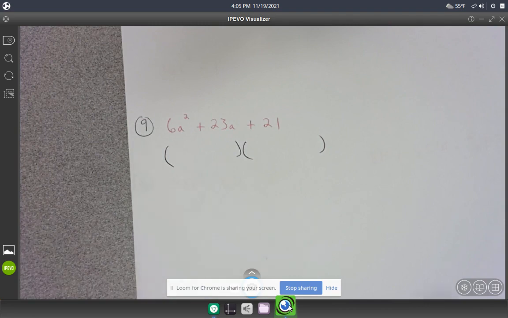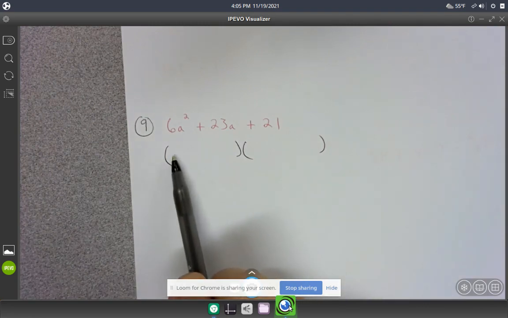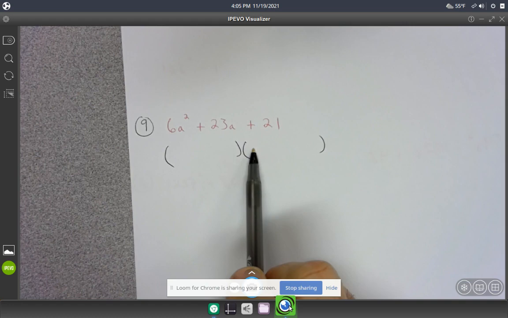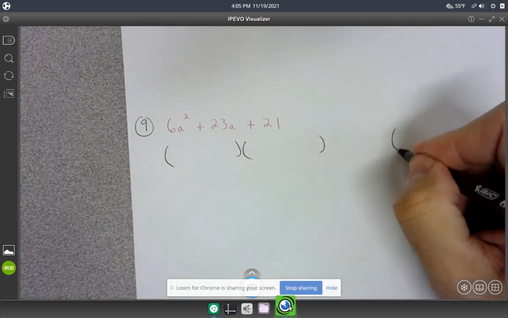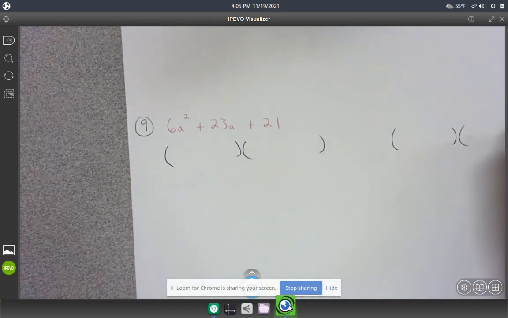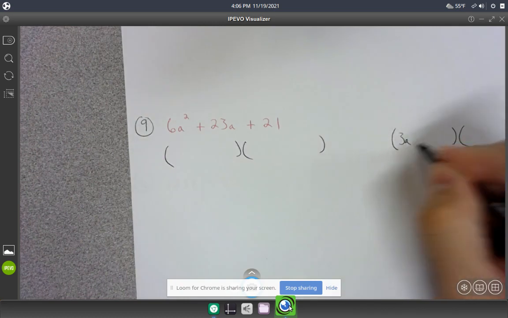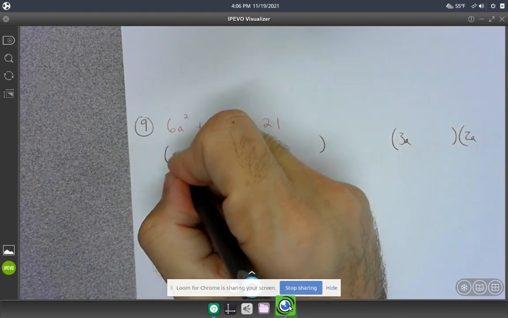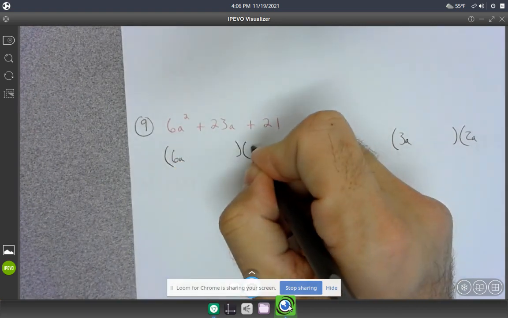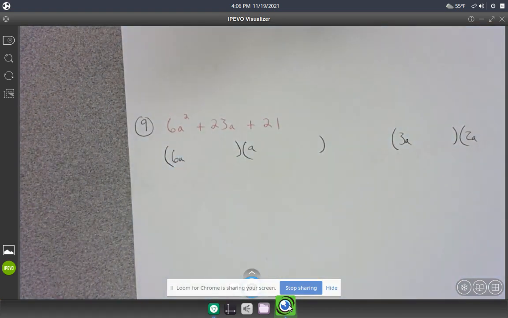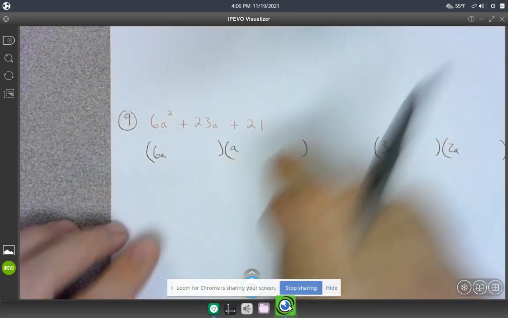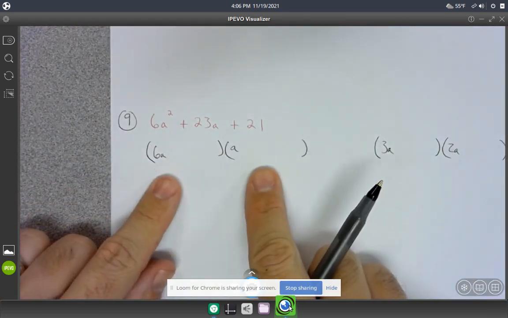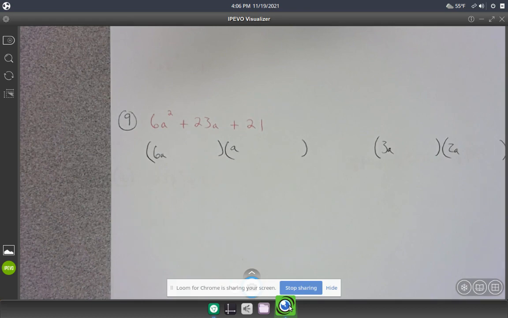Okay, so it could be a 6a and a 1a, or it could be a 3a and a 2a. See, this will give you 6a squared, and so will this. Just for the sake of argument here, I'm going to go ahead and try this method, and I'm going to try it really hard, but it's not going to work out. None of the options are going to make any sense.